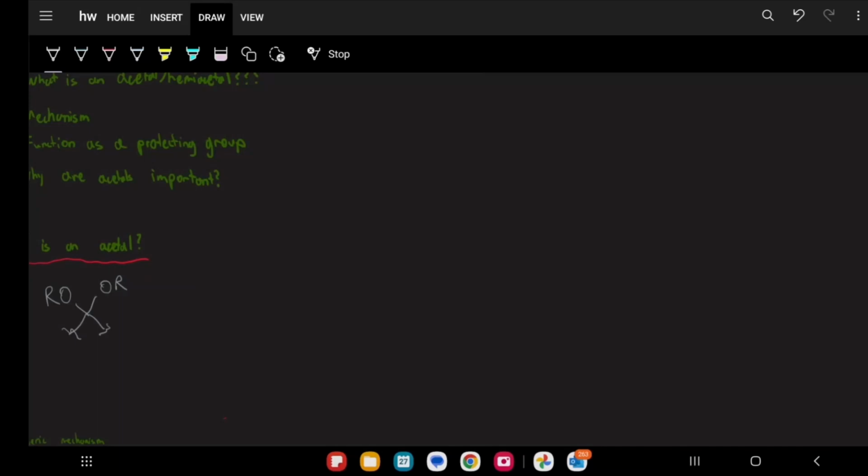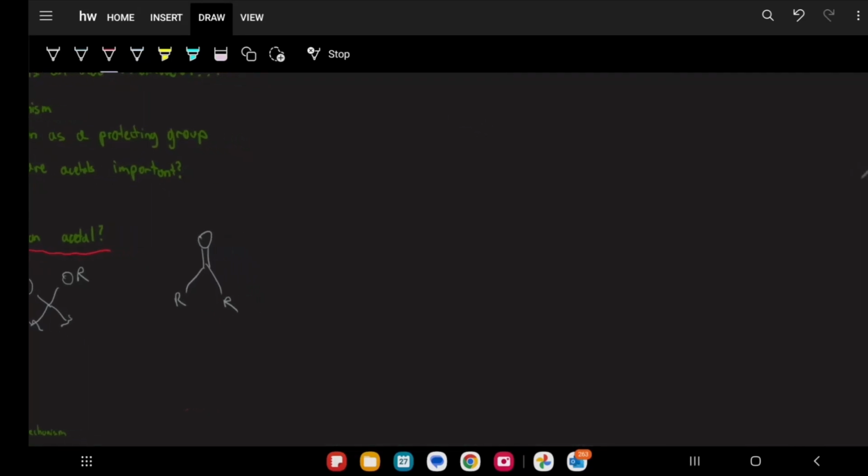So now let's try to go over the general mechanism on how to form an acetal. Let's use this molecule as an example. This can be either an aldehyde or a ketone, so the R's here can be either an H or anything else. The first step here is to react with an H+, and I'll say R2OH.